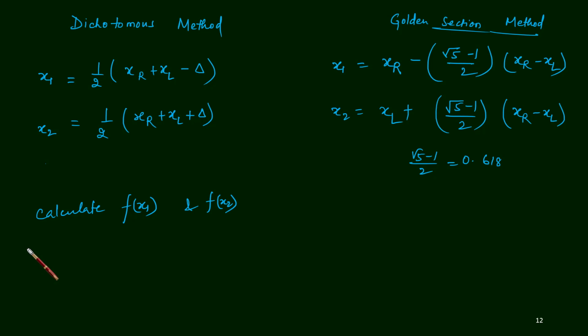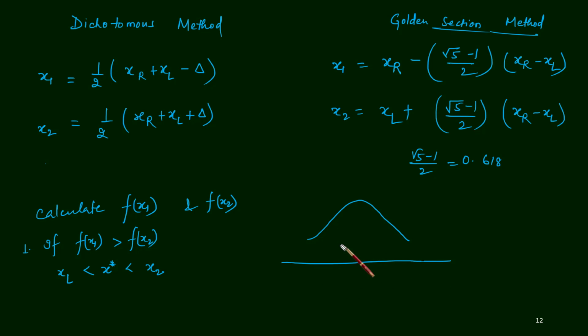Okay, now conditions. First condition: if fx1 is greater than fx2, in that case the optimum will lie in between xl and x2. What is the meaning of this? Let us take this example. Here this is xl and this is xr.